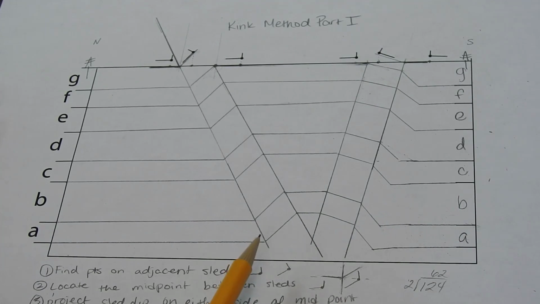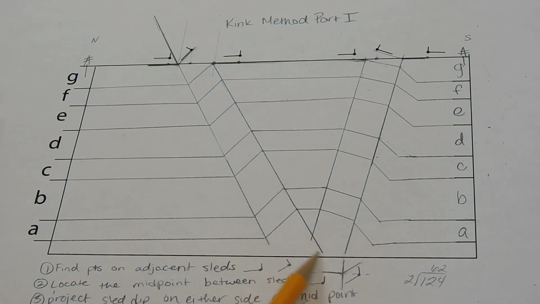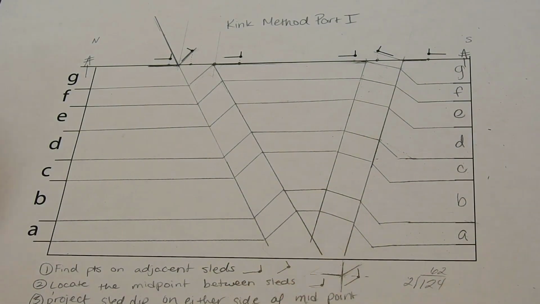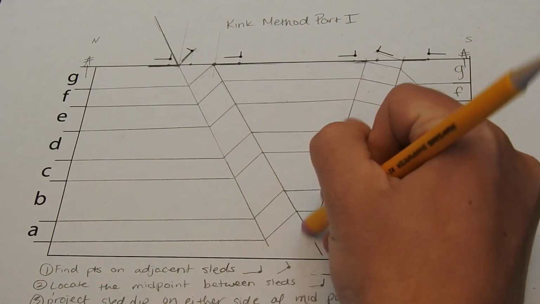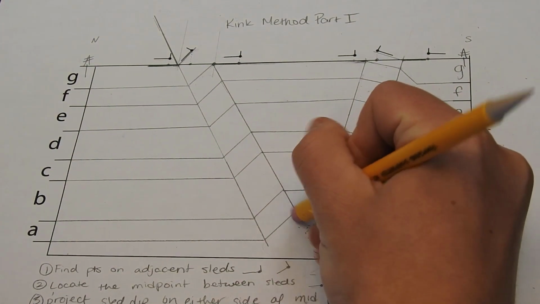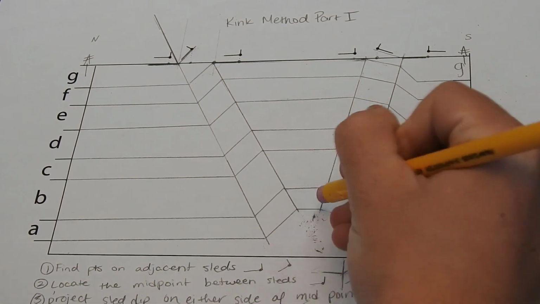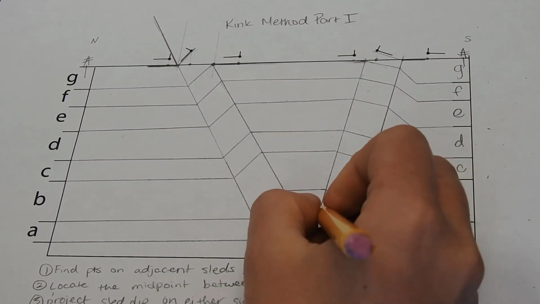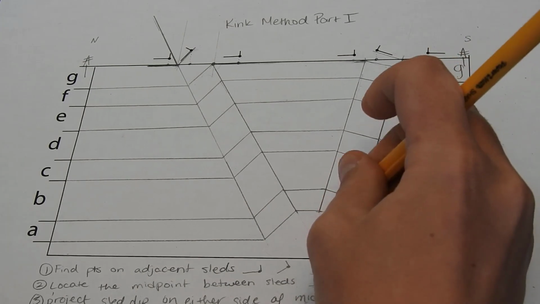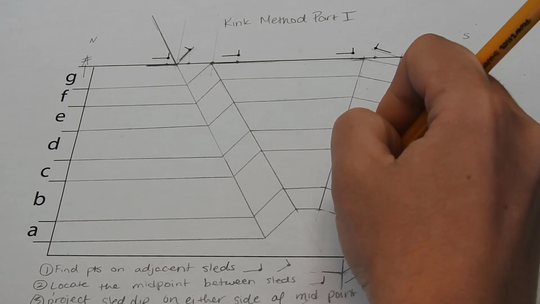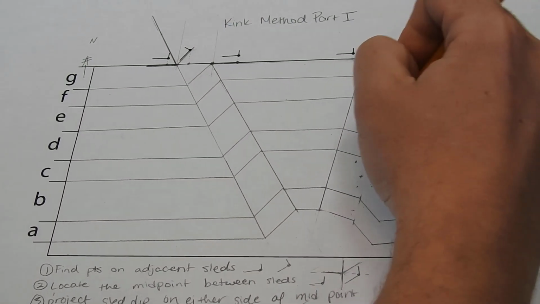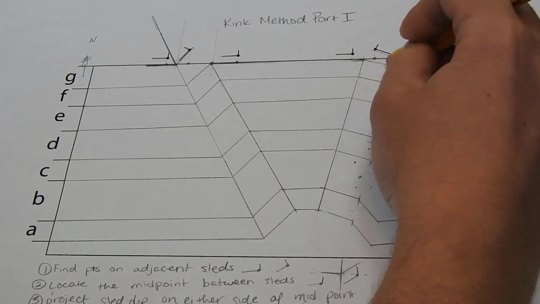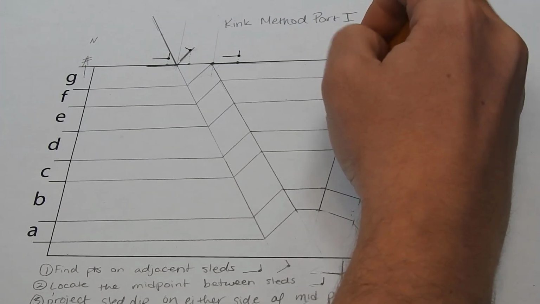So now we get to a point where we have these lines down here and they're kind of bunched up. So what you're going to do is erase those lines. These lines aren't really there. If we were in the field, we might see them as a shear zone or something like that, but they'd just be places where all of a sudden our strike and dips, or definitely our dips, would change.